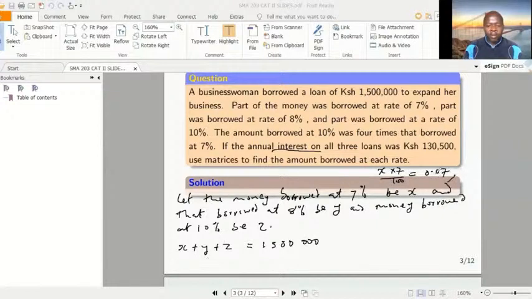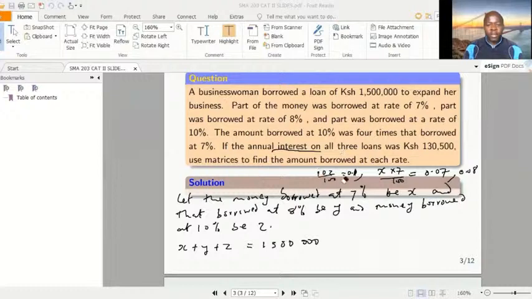The money borrowed at 8% was y, and therefore the interest will be 0.08y, that is y times 8 divided by 100. And the amount borrowed at 10% was z, so the interest will be z out of 10, that's 0.1z. So those are the interests.